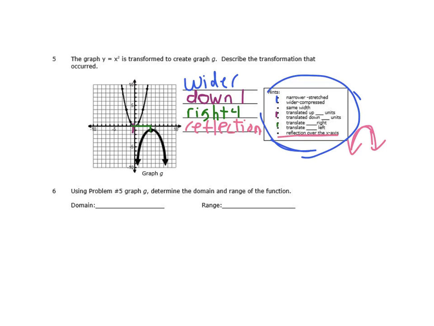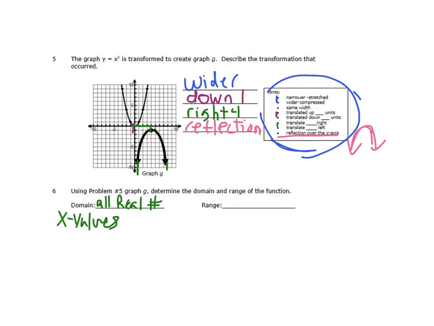Then on number 5, it's talking about the domain and range. Domain is going to be those x values. And for our purposes, when there's not a verbal situation attached to a parabola, the domain, because we have an arrow on the left and on the right, that's indicating all real numbers.